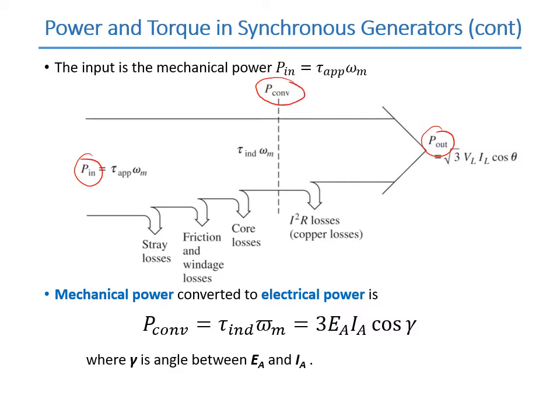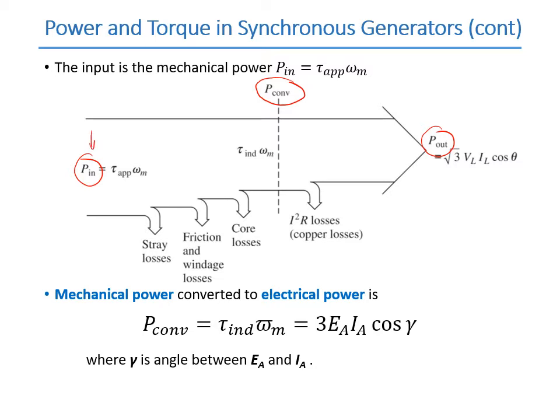And in between these two powers we have this converted power, which is the power that is being converted from the mechanical into electrical. The amount of this converted power is again in between. It's less than the input power, but it's higher than the output power.